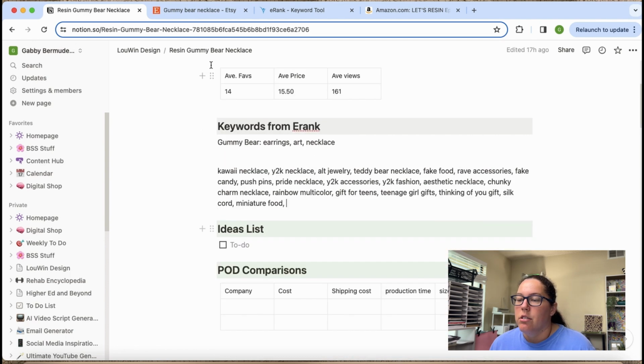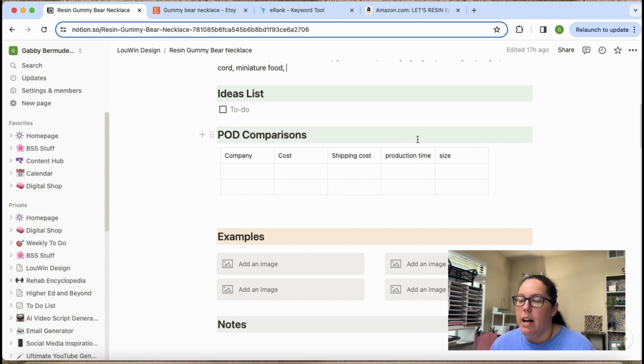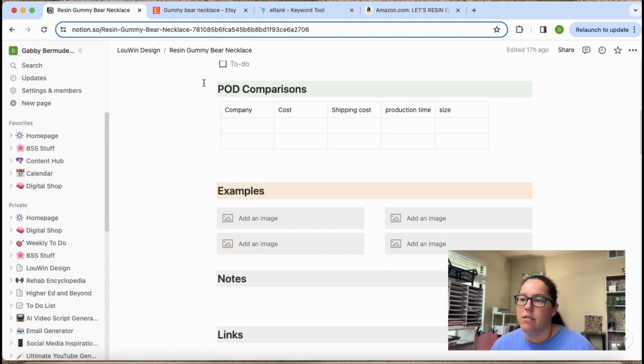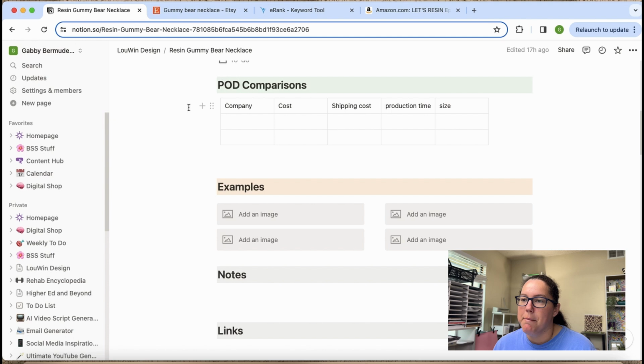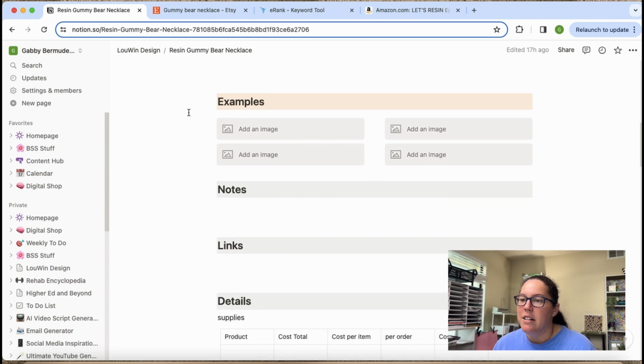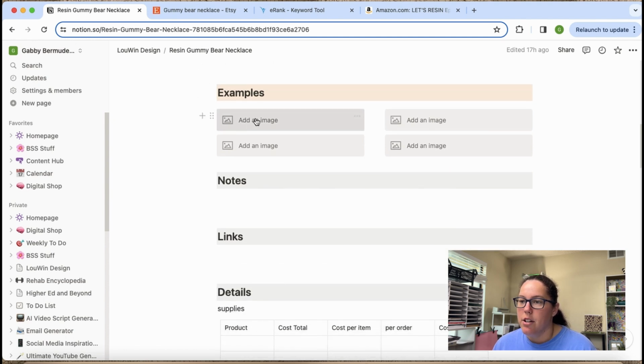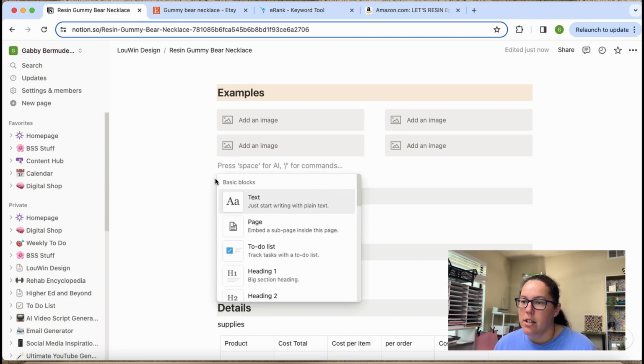And so on my Notion template, I do have a POD comparison. So that's just in case a product that I have an idea for can be print on demand. But I'll just continue on. Examples, this is where I would probably add images, but I almost just write them down for like pictures and stuff like that.